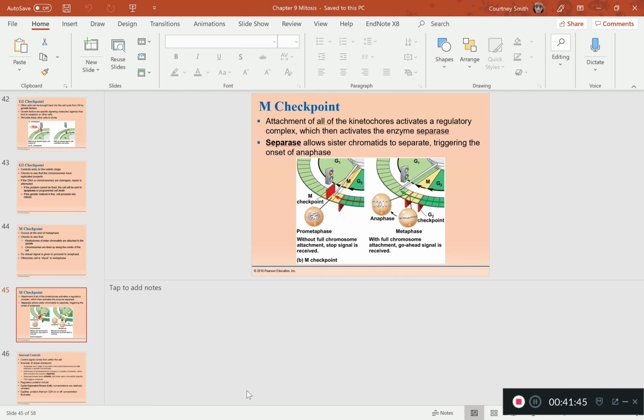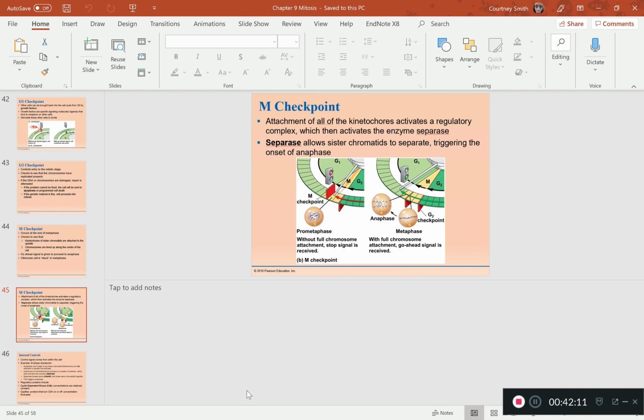If there's no attachment of spindle fibers to the chromosome, then it will tell the cell that it's stuck and it won't enter anaphase. Also, it checks to make sure that the chromosomes are actually lined up in the center of the cell to ensure that equal parts of the DNA enter each pole.